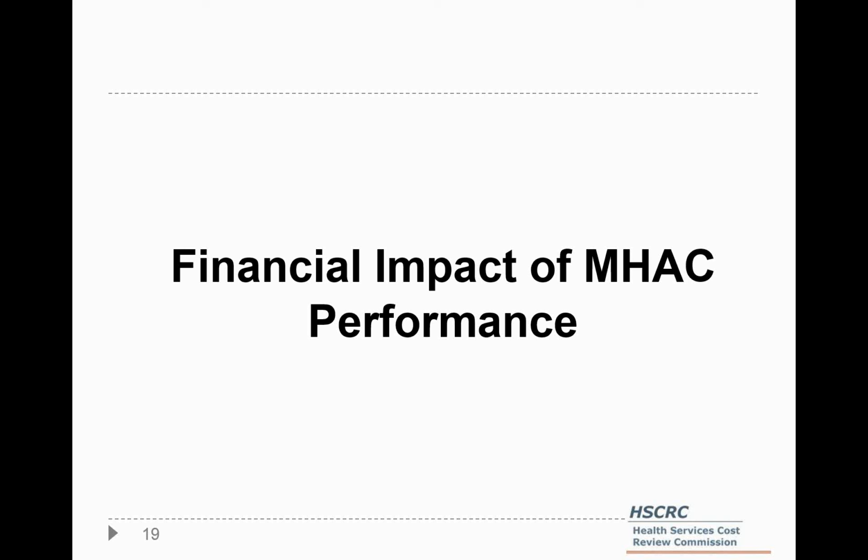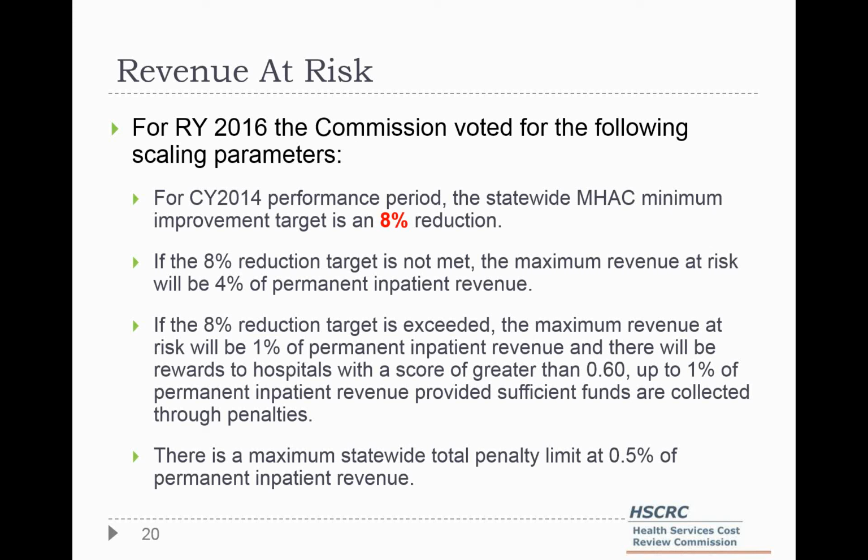Okay, I'm going to go ahead and get started on the financial impact of MHAC performance. Okay, so for rate year 2016, the Commission voted for the following scaling parameters. First, for calendar year 2014 performance, they set a statewide MHAC minimum improvement target of an 8% reduction.